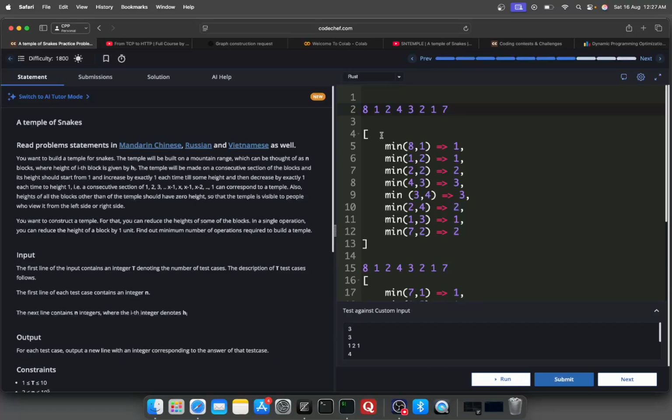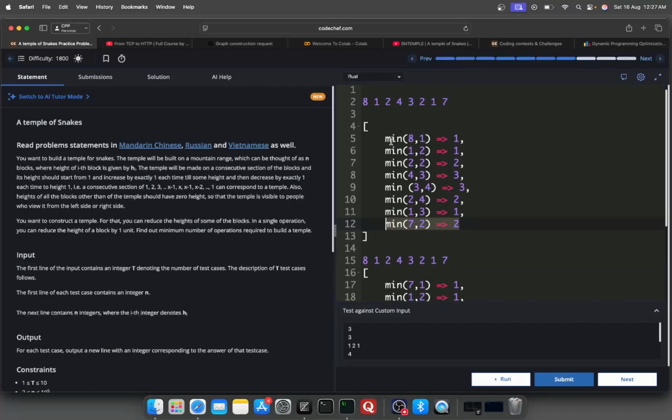So let's stick to the example. 1 2 2 2 and 2 3 4, the minimum is 3, and 3 4 again is 3, and 2 4 again is 2, and 1 2 again is 1, and 7 2 again 2, right?